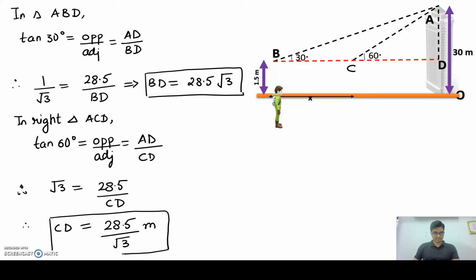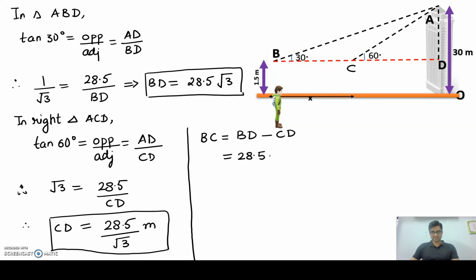Now we have to do simple subtraction. So we are interested in BC. BC will be calculated by BD minus CD. So what is BD? BD is 28.5 root 3 minus 28.5 upon root 3.